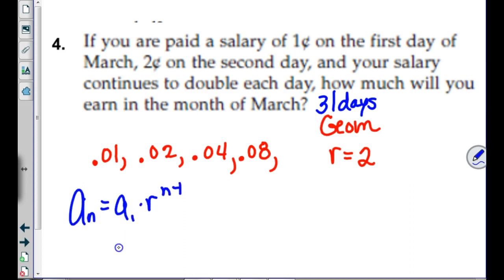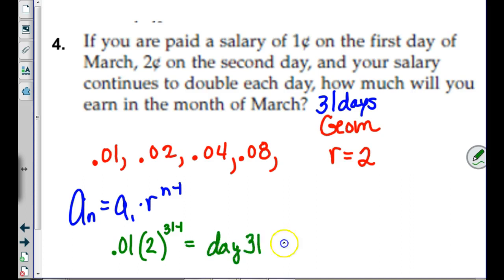Okay. So we want to put in 0.01 times 2 to the 31 minus 1, or 30. Okay. So day 31, you make how much?